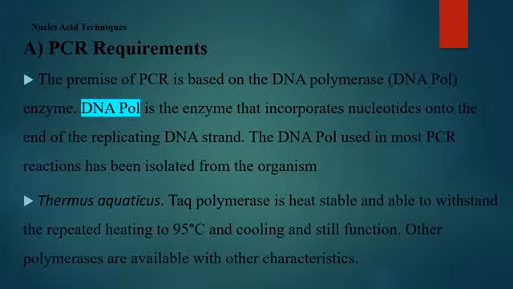You remember that proteins have issues when it comes to heating, but Thermus aquaticus polymerase has been identified to be heat stable, able to withstand heat to 95 degrees and then dropping during your PCR procedures. So that is one of the requirements. You need a DNA polymerase.